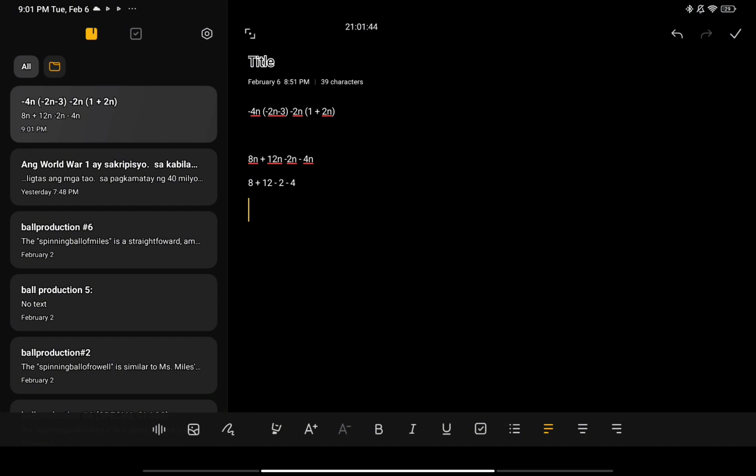So add and subtract, and then you get the answer. 8 plus 12 is 20, right? Now you lose 2, that becomes 18, and then minus 4, which becomes 14. So 14n is the answer. And that's how you simplify algebraic expressions.